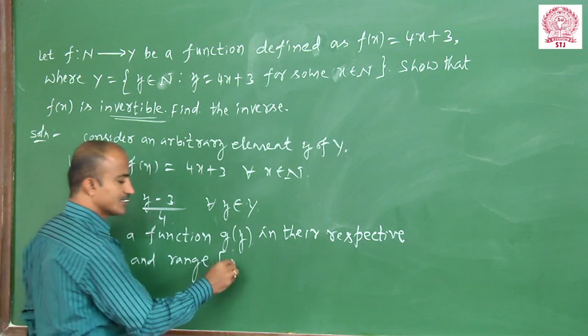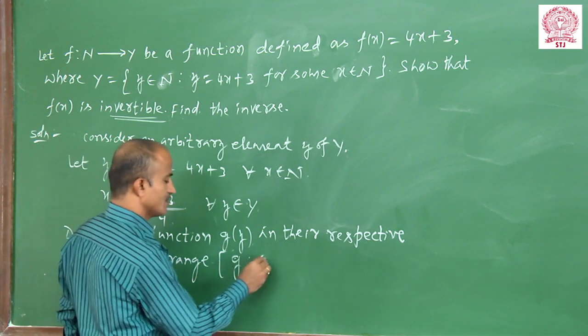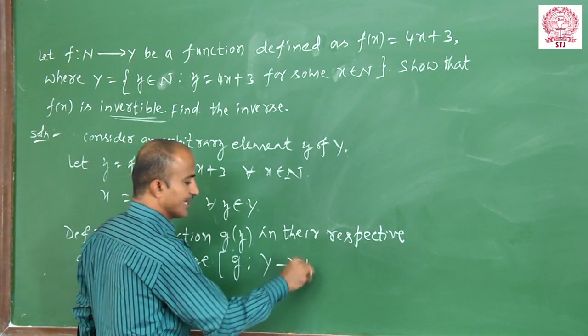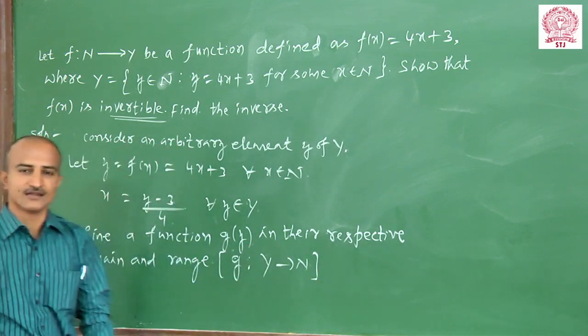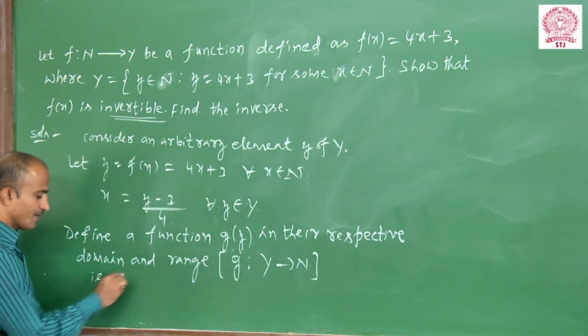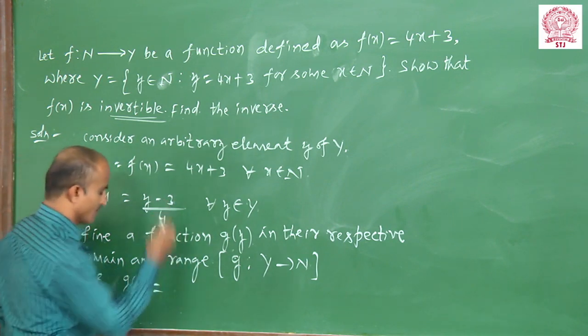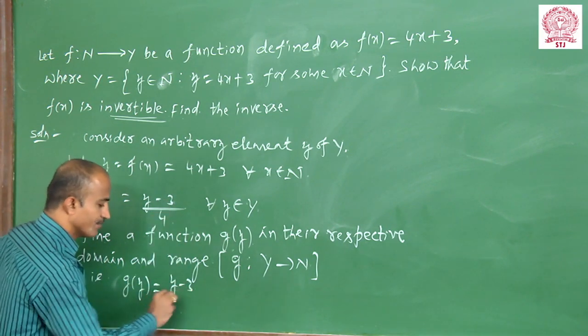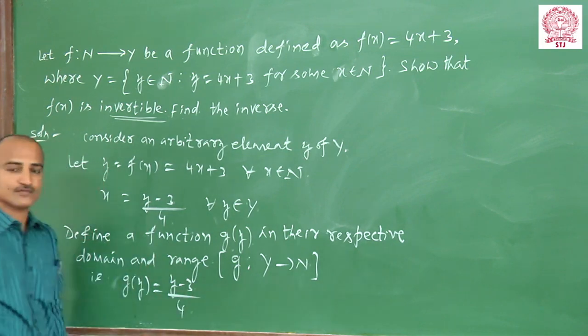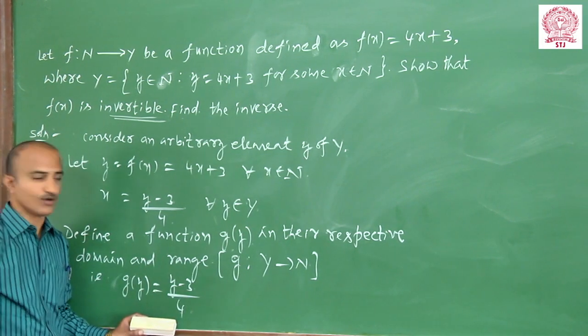Here we can write g from Y to N, that is g of y equals (y minus 3) by 4.